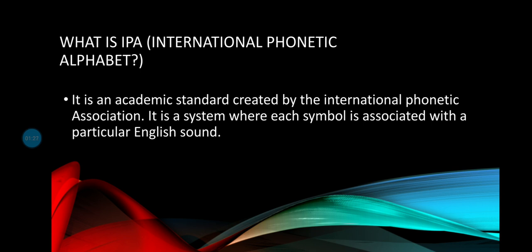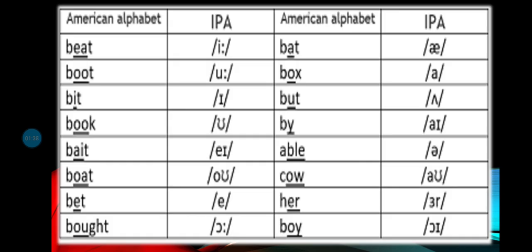What is this International Phonetic Alphabet? We can say these are the marks, or this is the alphabet which is used to show the pronunciation of words in any language. Like, as you can see on the screen, the first one is the word, which is taken from American, and then in the next column we have the symbols, or alphabet, which are used, like beat, BEAT.